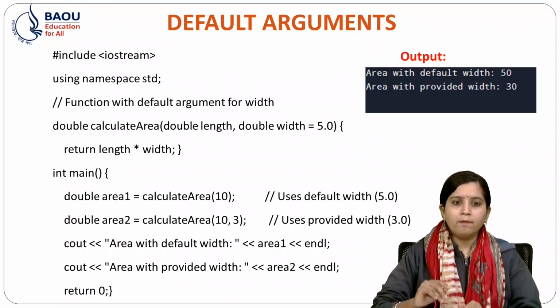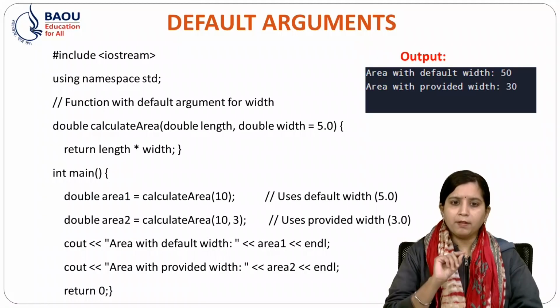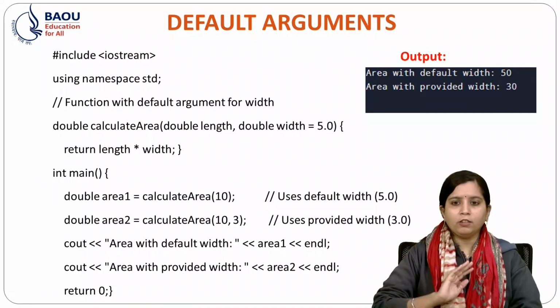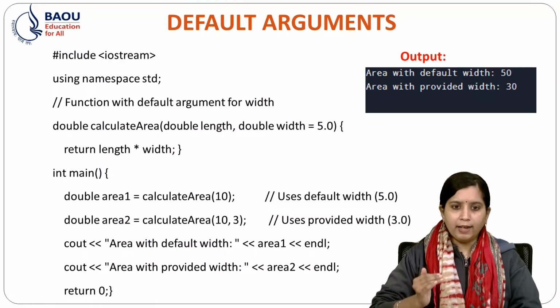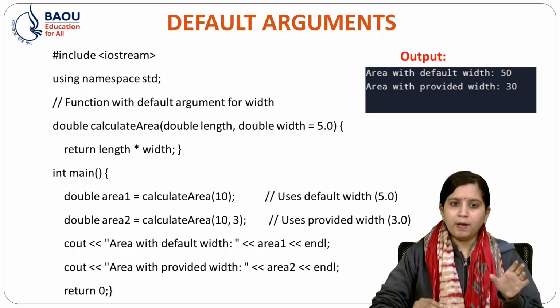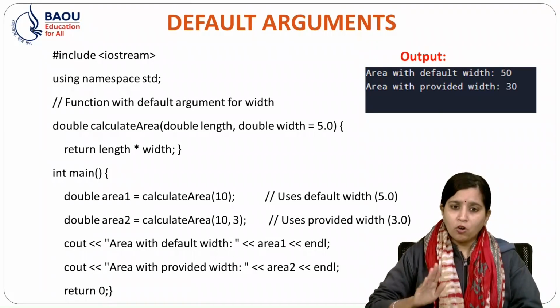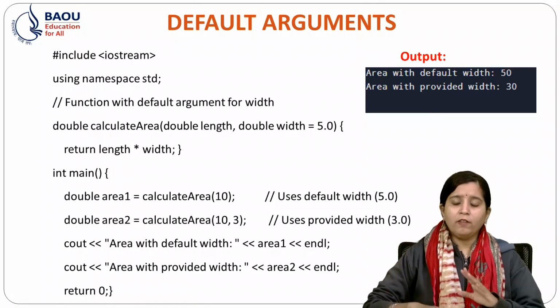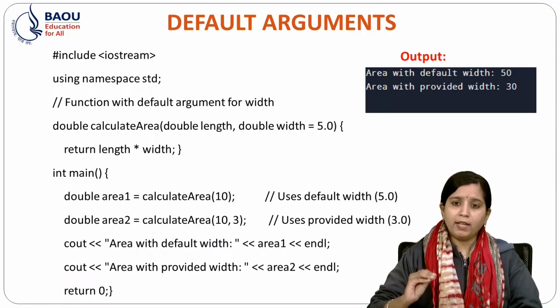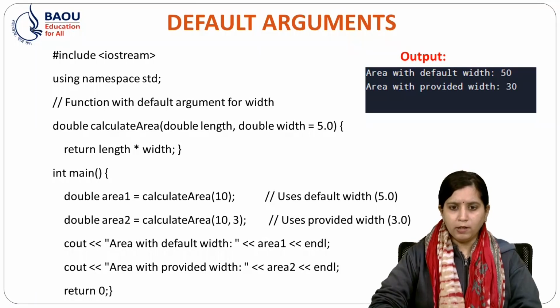Compile this program, and at first I will get 50 and at second I will get 30. Why? Because in the first call I am calculating area of 10 and it will take the default value as 5, and in the second line calculate area 10 and 3. So I have provided that 10 is my length and 3 is my width. If I forgot to, or somehow miss to provide the width value, then it will automatically take 5.0.